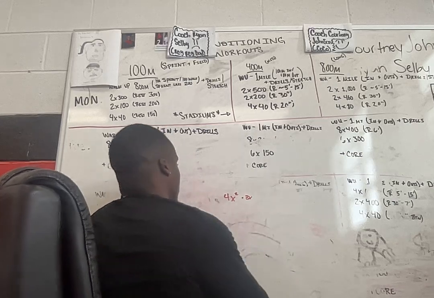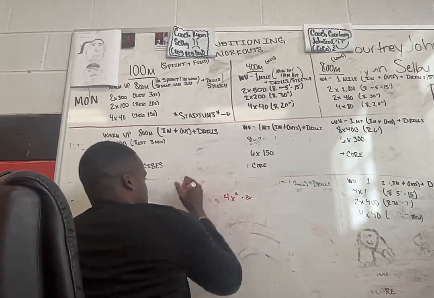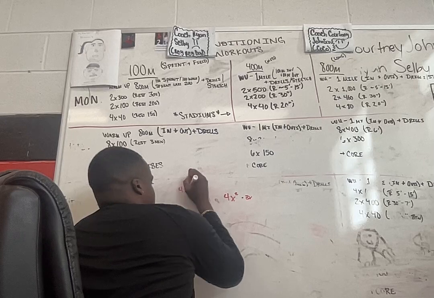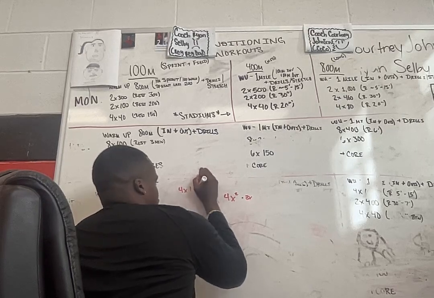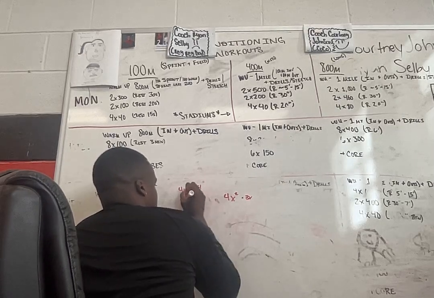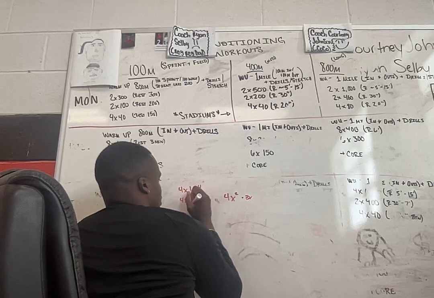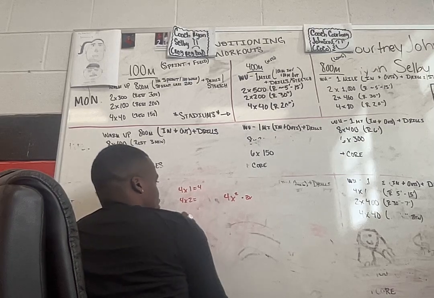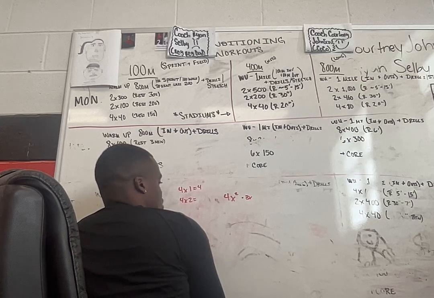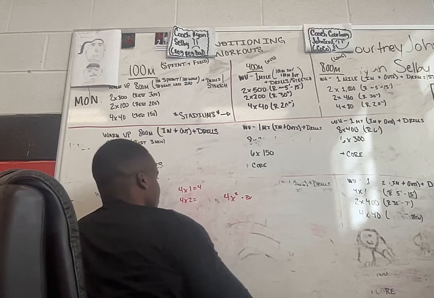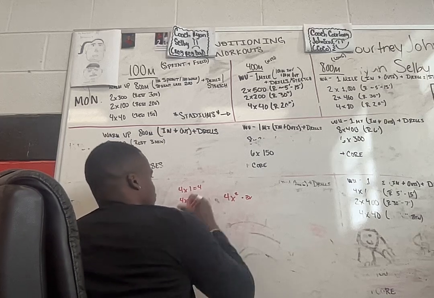Okay, so now let's talk about our 4s and our multiplication. With 4, we're always going to increase by how much? 4. So 4 times 1 is 4. 4 times 2 equals 4 plus 4, what?